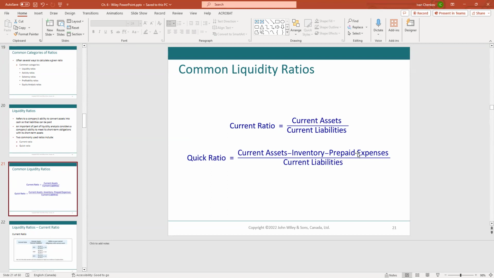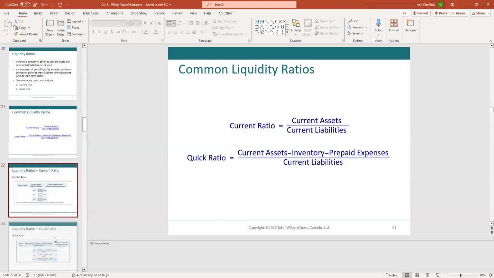And prepaid expenses. Why prepaid expenses? Because prepaid expenses are an asset, but most likely we're never going to ask the money back for those prepaid expenses. For that reason, inventory and prepaid expenses are eliminated when we're calculating the quick ratio. And we're dealing only with the most liquid assets.